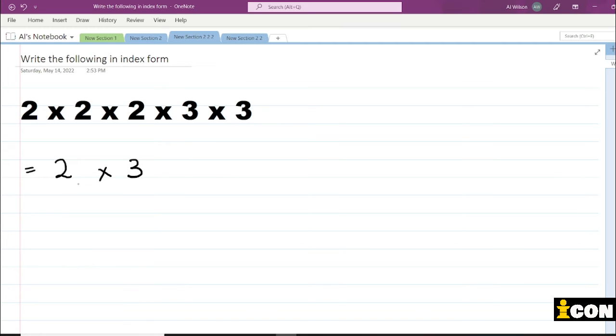But you need to actually use everything that you're given in the expansion and even write it in index form. So we have 2, 2, and 2, then we have 3 and 3. How many times do we have 2? 1, 2, 3. We have 2 3 times, and we have 3, 1, 2.